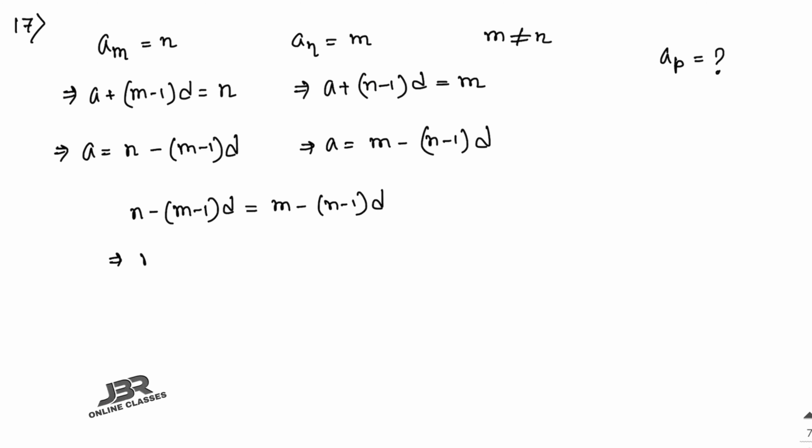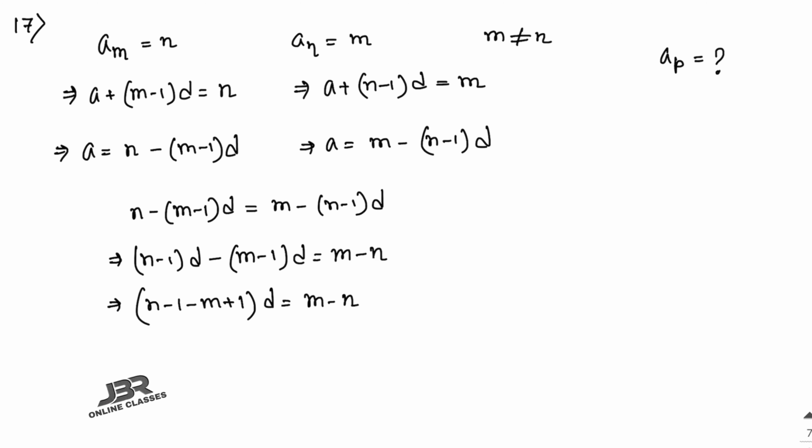So that means n minus 1 d minus m minus 1 d equals m minus n. So here n minus 1 minus m plus 1 into d equals m minus n. So here 1 cancels out, so d equals m minus n by n minus m, that equals minus 1.